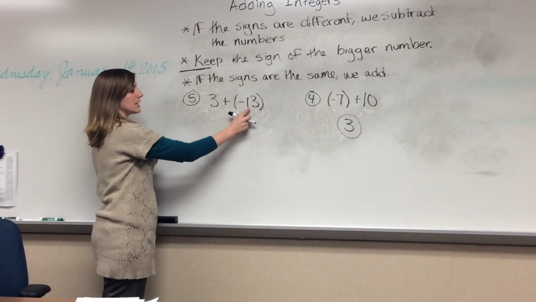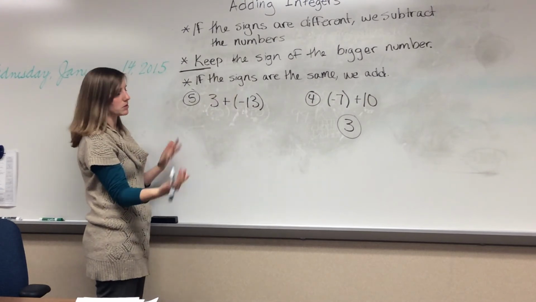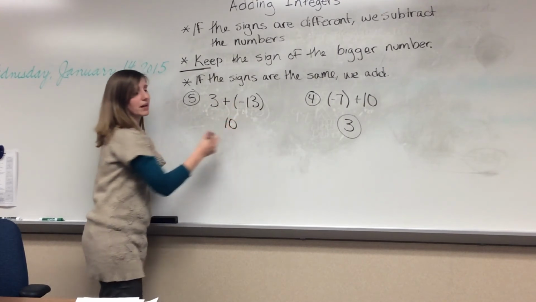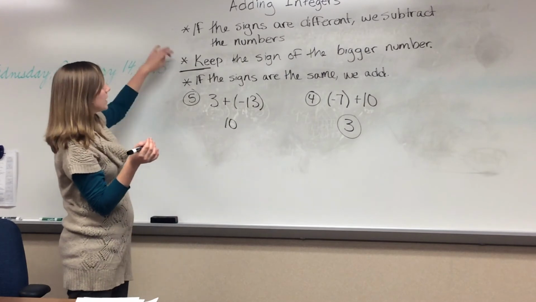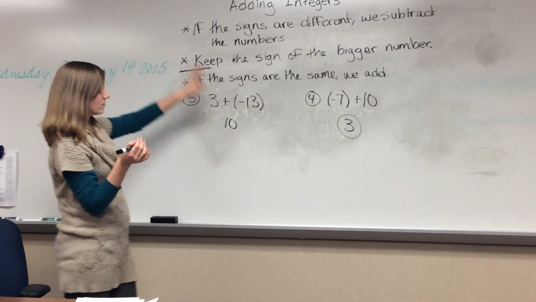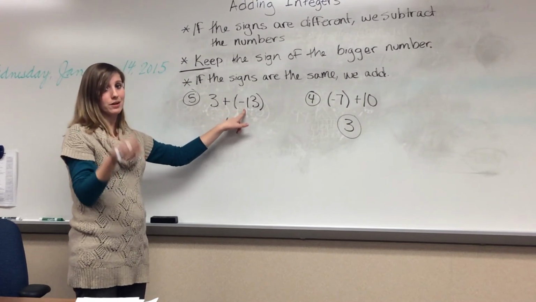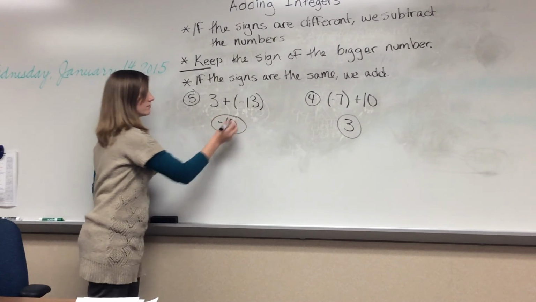So 13 minus 3, I always do the larger one minus the smaller because that's what I'm used to, it's easier. 13 minus 3 is 10. It doesn't matter which order you do it in, you're still going to get 10. Now, we keep the sign of the bigger number. 13 is bigger than 3. Our 13 is negative, so our answer should be -10. That's it.